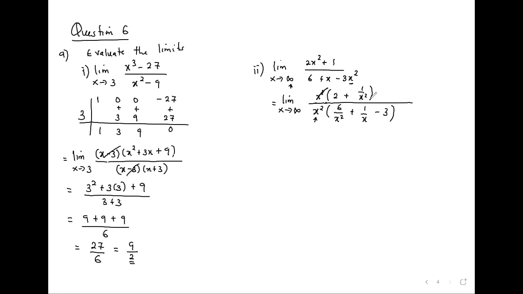The x squared in the numerator and denominator cancel each other. The limit as x goes to infinity of 2 remains 2. The other terms become 0. This becomes 0 plus 0 minus 3, to give us 2 over negative 3 as our limit. Very simple and easy.